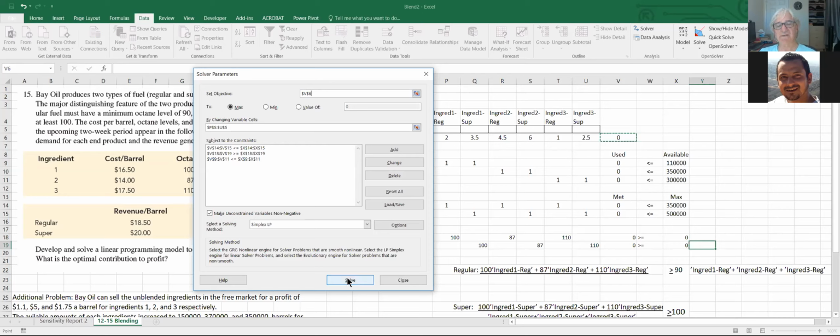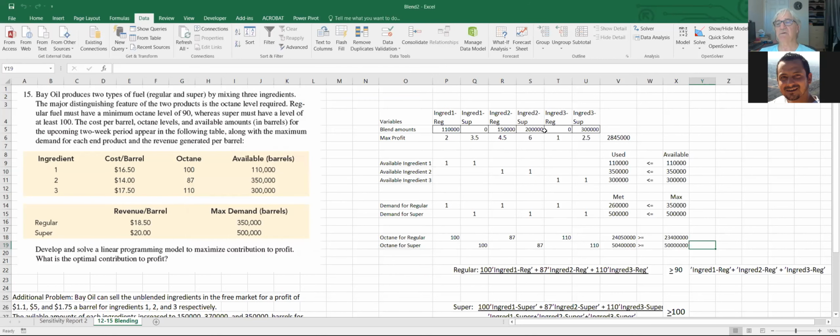When you do all this and you solve the problem, here is the optimal solution. This is telling you what is the optimal blend that maximizes profit. So ingredient 1, 110,000 barrels of ingredient 1 are used to produce regular gas.